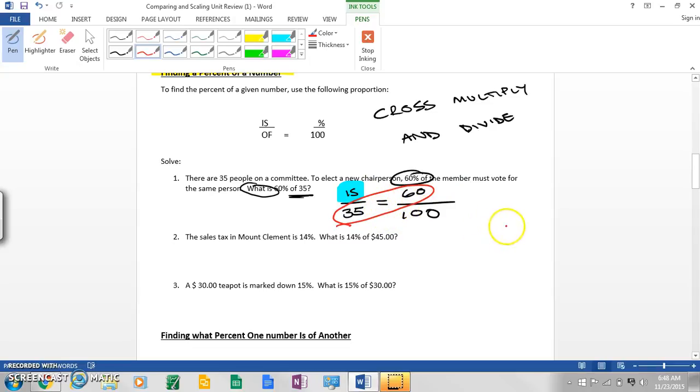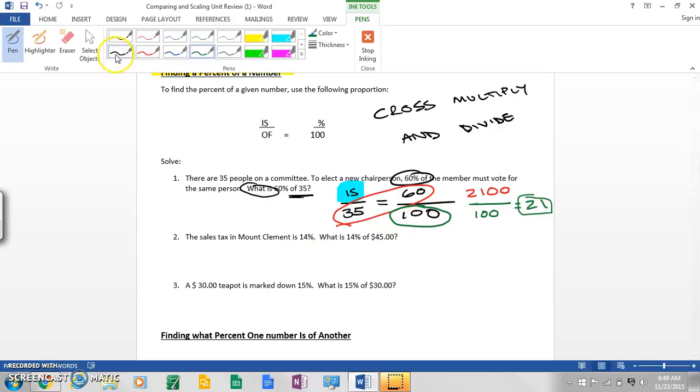When I do 60 times 35, I get 2100. And then I'm going to divide by the other number, 100. 2100 divided by 100 is 21. When we look back at our question, it asks, what is 60% of 35? Well, it's 21.